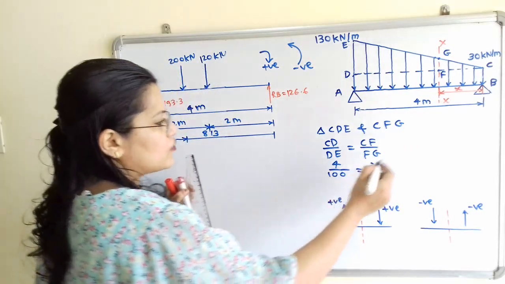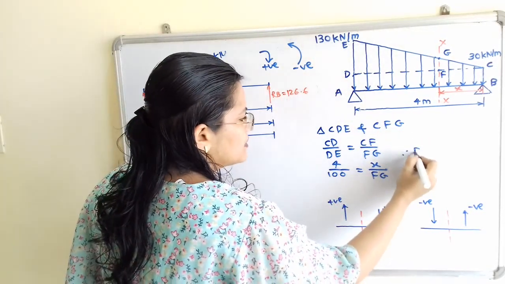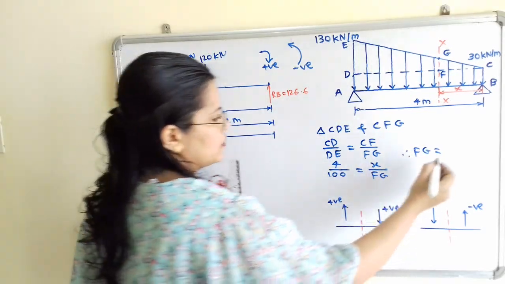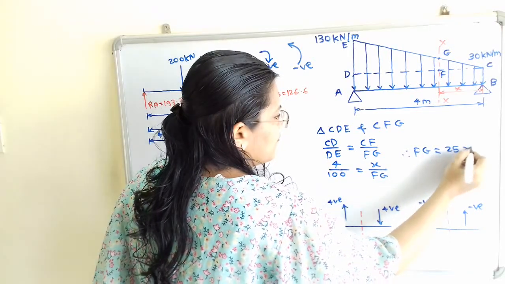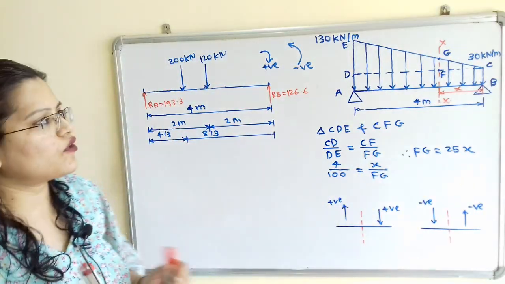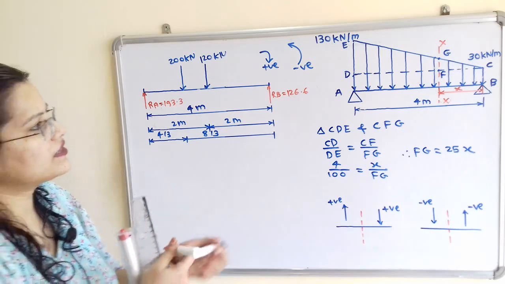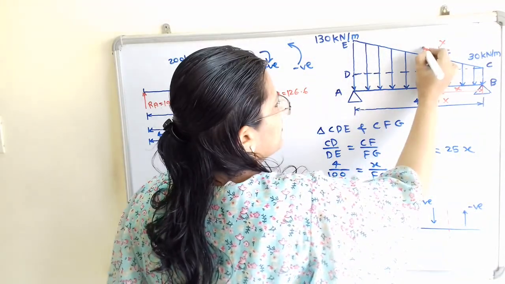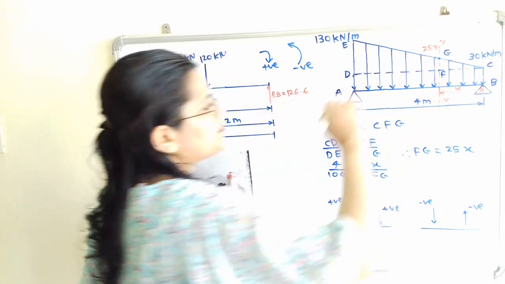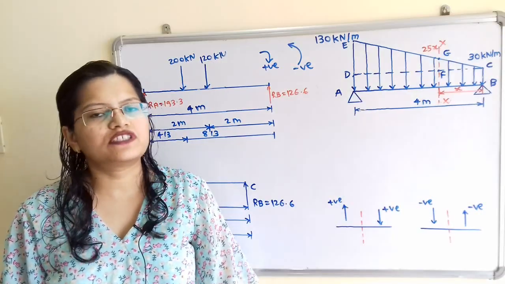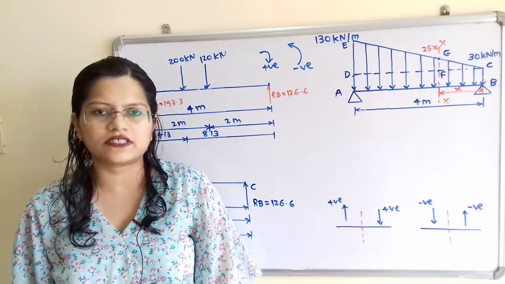Therefore FG is equal to 100x by 4, that is equal to 25x. So this is the rate of loading, and we have to mention this. I will mention here the rate of loading 25x.